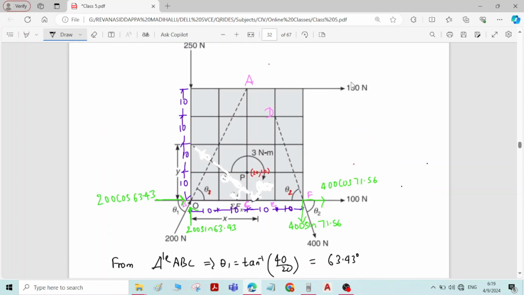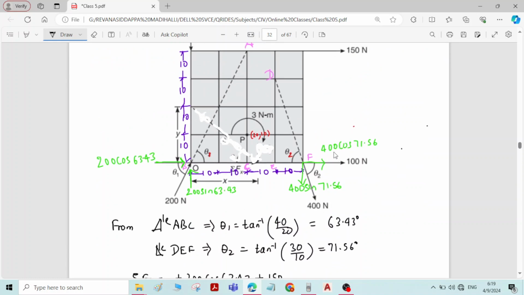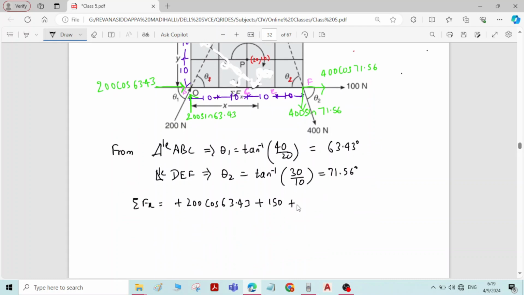Then 150 Newton force acting in right direction, plus 150. Then two forces, 400 cos 71.56 and 100 Newton, both acting in right direction, plus 400 cos 71.56 plus 100.